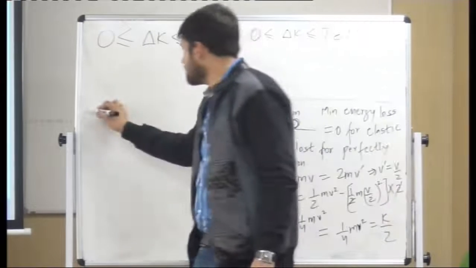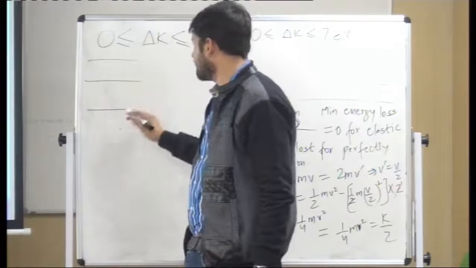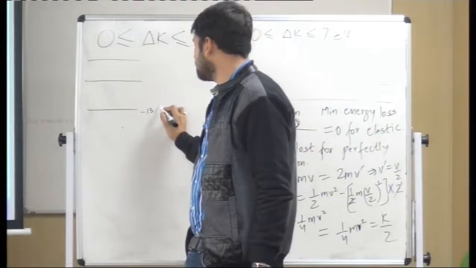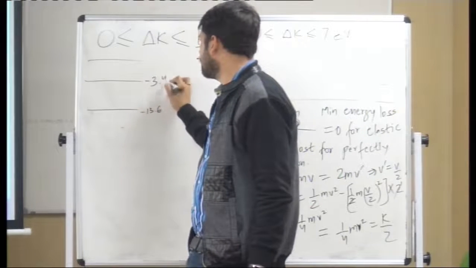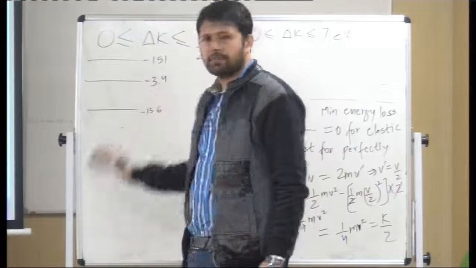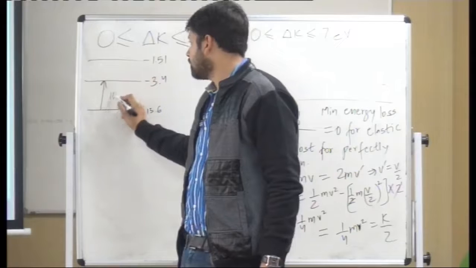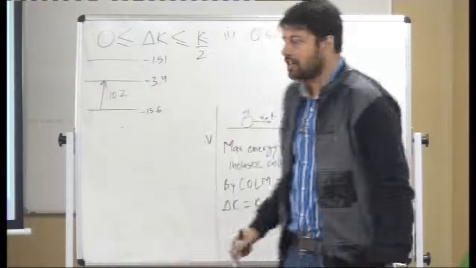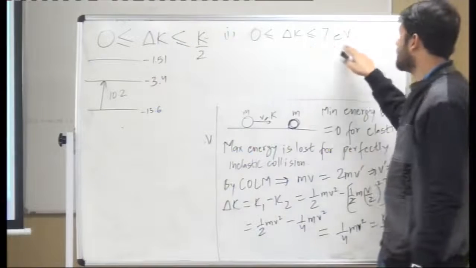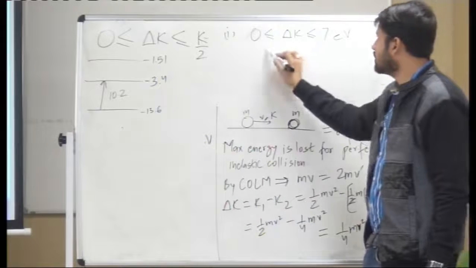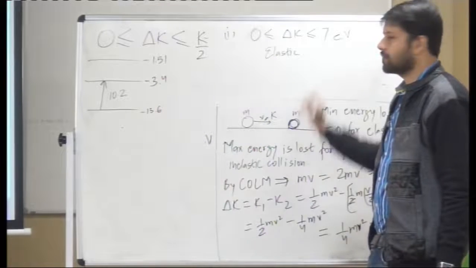I'll draw the diagram. This is minus 13.6, this is minus 3.4, this is minus 1.51. Minimum energy needed for one excitation is 10.2. Since this energy loss is less than 10.2, collision would be elastic in this case.